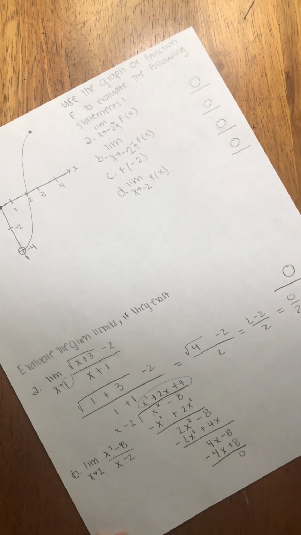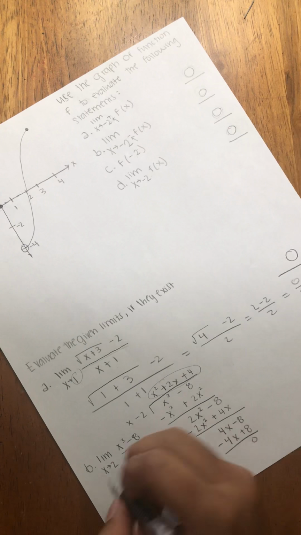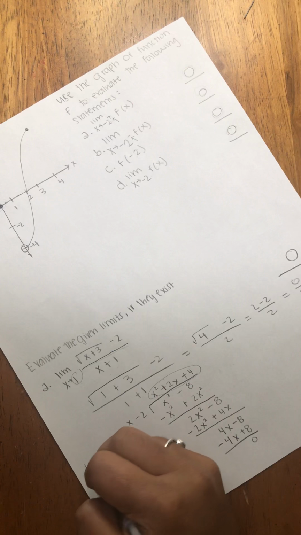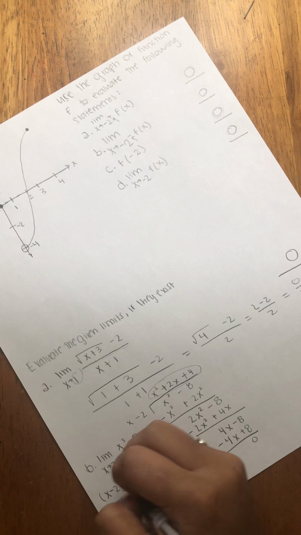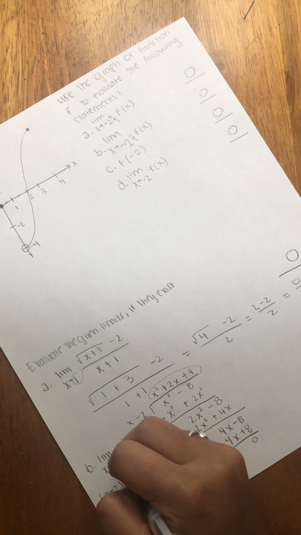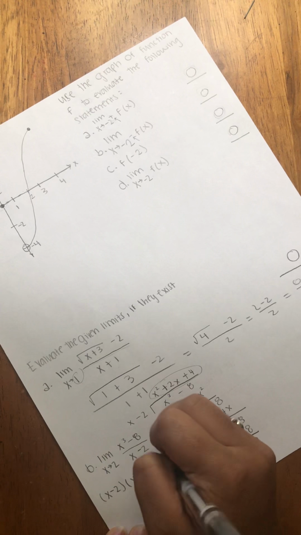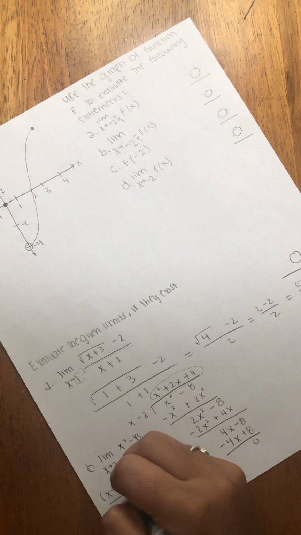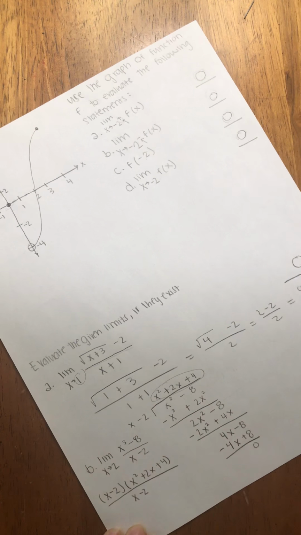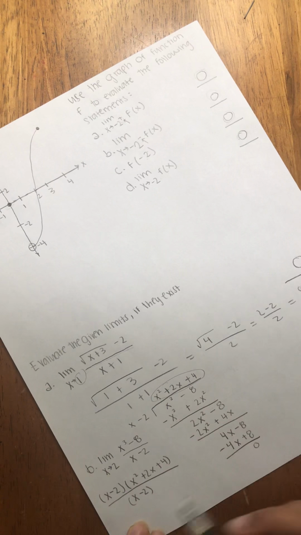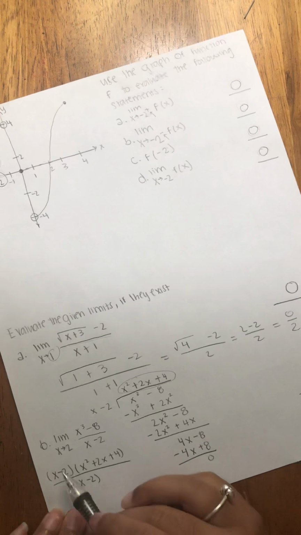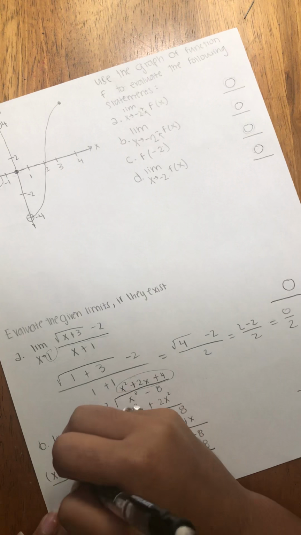So that means that our function would actually look like x minus 2 times x squared plus 2x plus 4, divided by x minus 2. So that would be our new function, which makes it a lot easier to see that these terms cancel out.